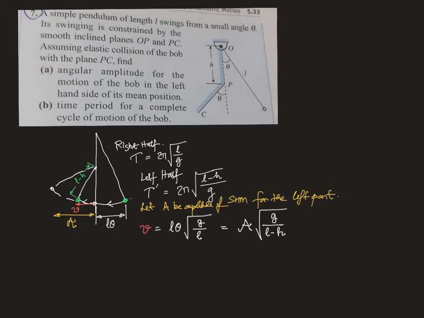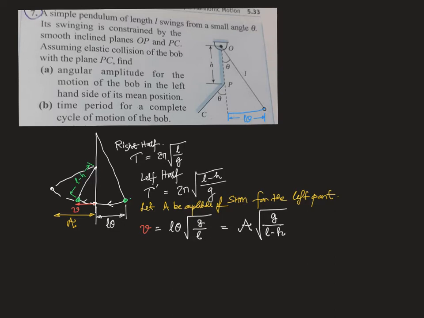V equal to L theta, meaning L theta is the amplitude, right? Amplitude. Maximum speed in SHM, what is it? It is the angular frequency multiplied by the amplitude. So the amplitude of SHM is L theta, what is omega?